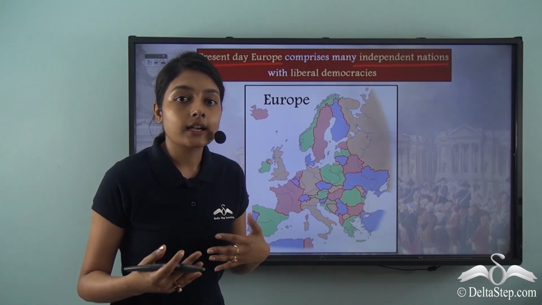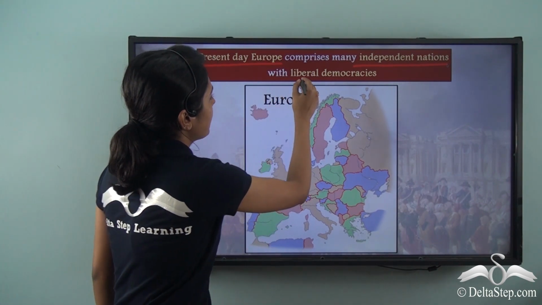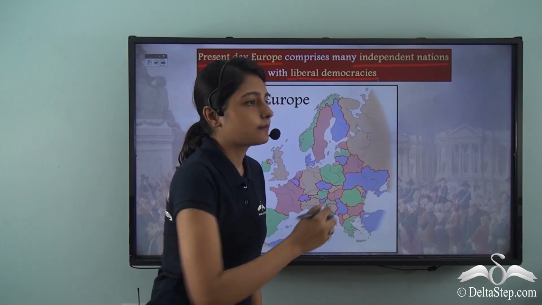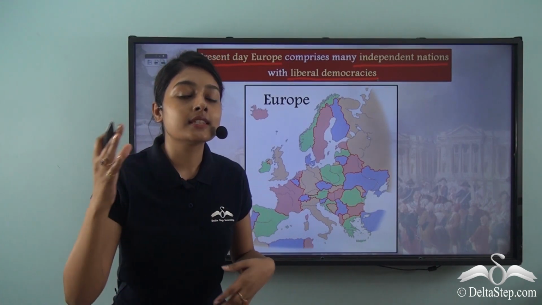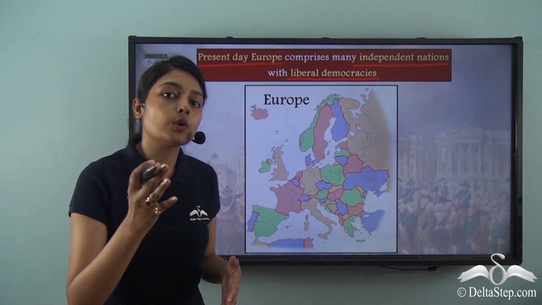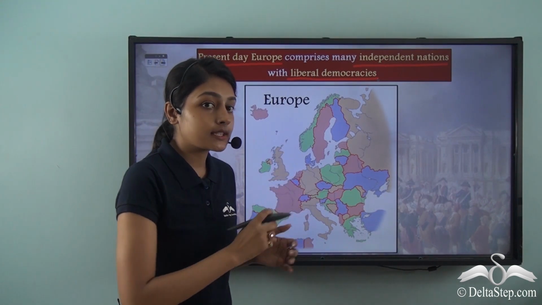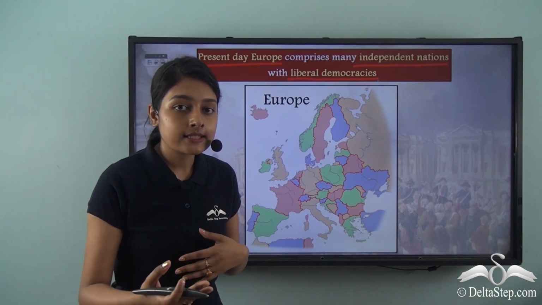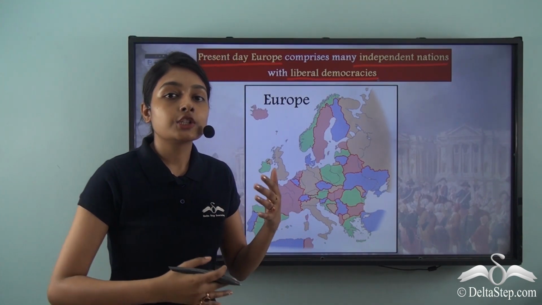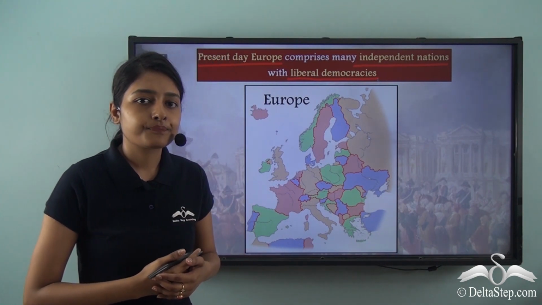Most of these nations are now democratic in nature. What does that mean? That means that the citizens of these nations get to elect their own representatives. Most of these nations are also liberal in nature. That means that these nations ensure certain rights and liberties to their citizens.